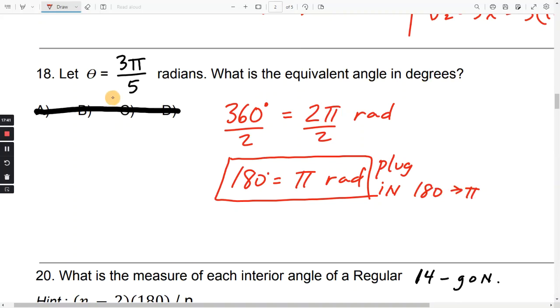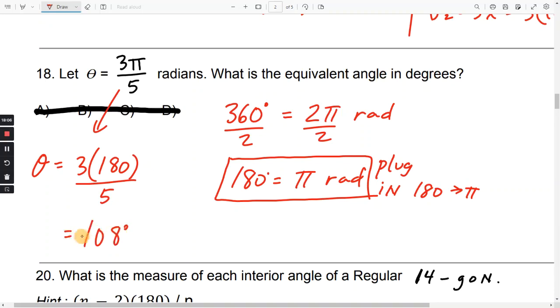Alright, so if we take the 3 pi over 5, that's just going to be 3 times 180 over 5. Alright, and I don't want to make a mistake, so I'll type it in. 3 times 180 over 5, that's just 108. And that's in degrees.